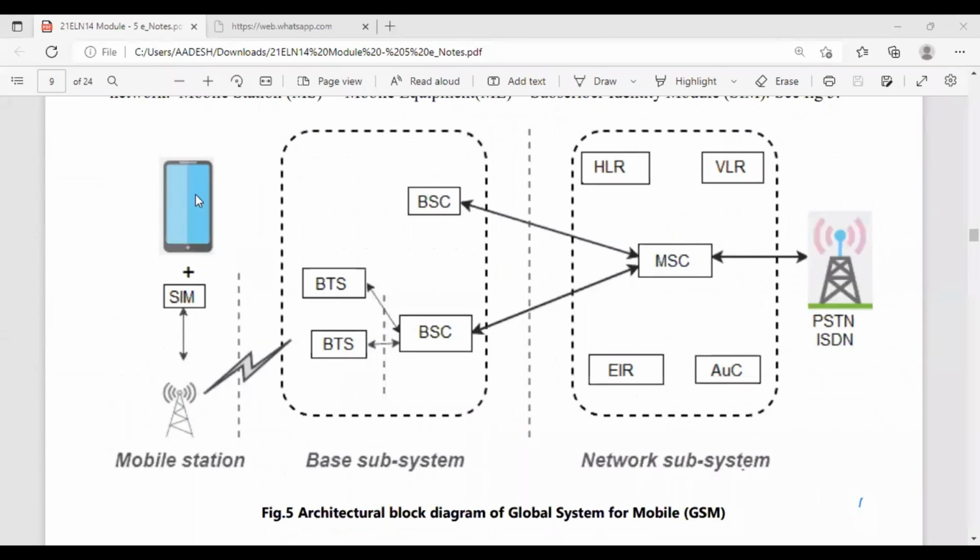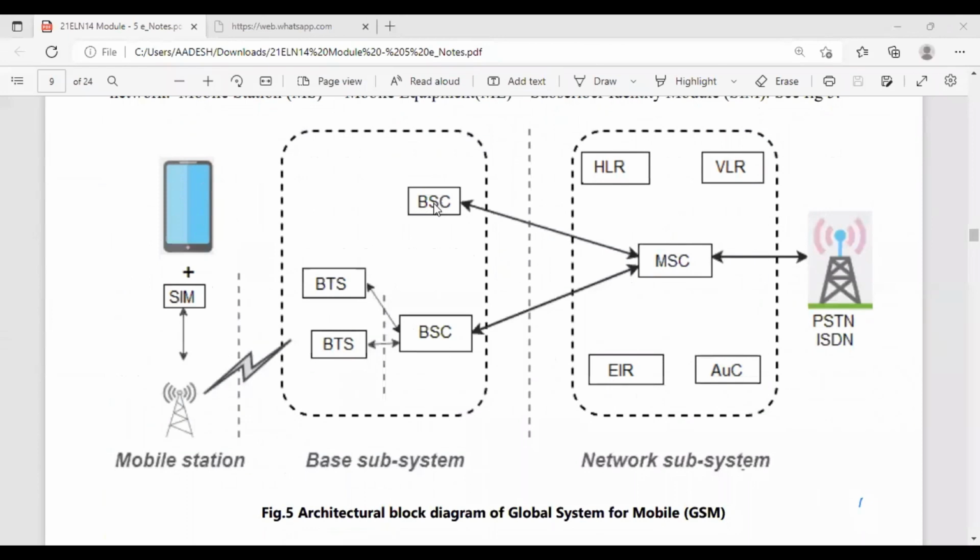So here we have a user. What does the user have? The user has a mobile phone with a SIM card inserted in it. The mobile phone will connect to the network subsystem with the help of the BSC.